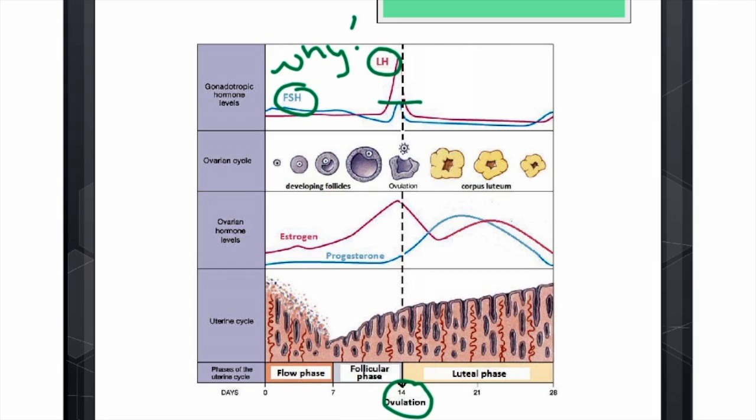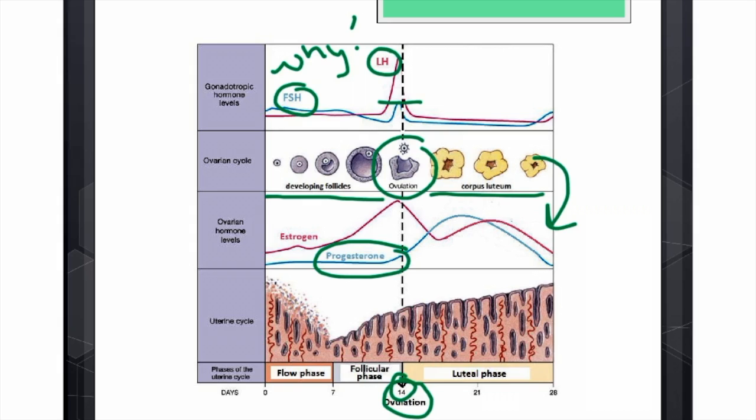When we look here, we have our developing follicles. Ovulation is going to occur at day 14. And then we have the production of the corpus luteum. And this is where we can start to make our connections, is that our corpus luteum is responsible for progesterone production, which when we look here, we do not see a spike in progesterone until the second half of the menstrual cycle.